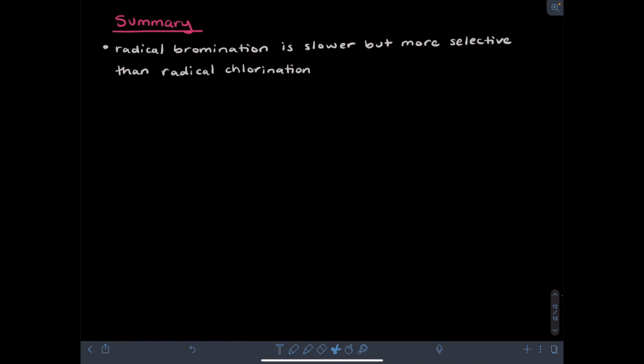Okay, so to summarize some key information from today's video, what we observed experimentally and explained due to thermodynamic analysis was that radical bromination is slower than radical chlorination, but it is more selective.